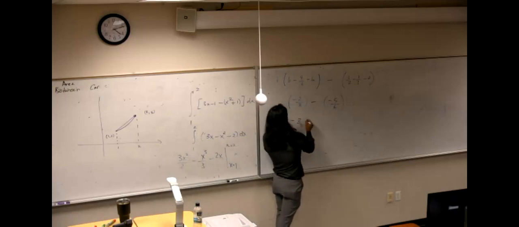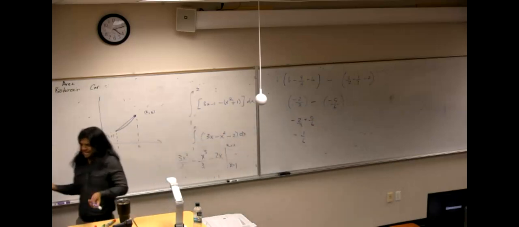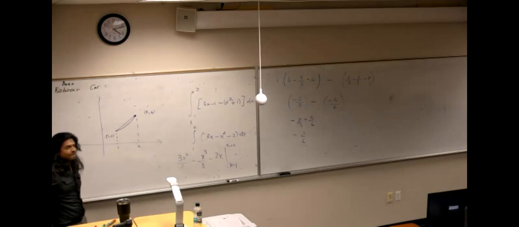Negative 2 over 3 plus 5 over 6, 1 over 6. And that is the final area. Good.